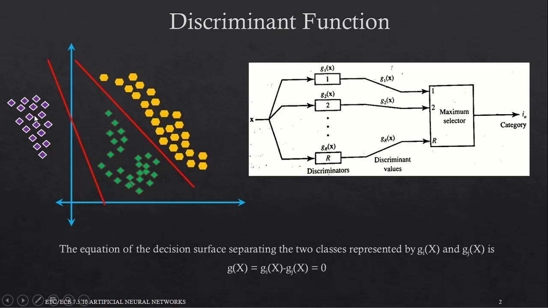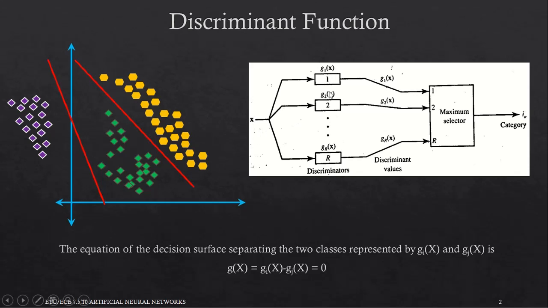If the pattern belongs to the ith class, the discriminant function for that class will return the highest value. That is how a maximum selector can generate the class of an input pattern.